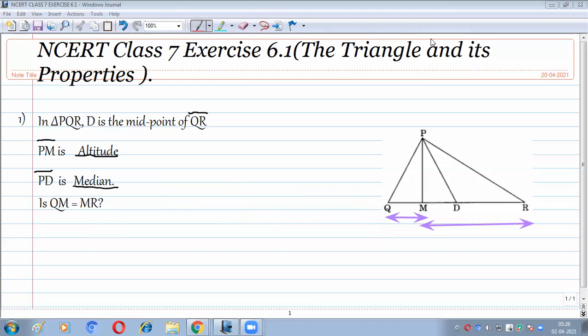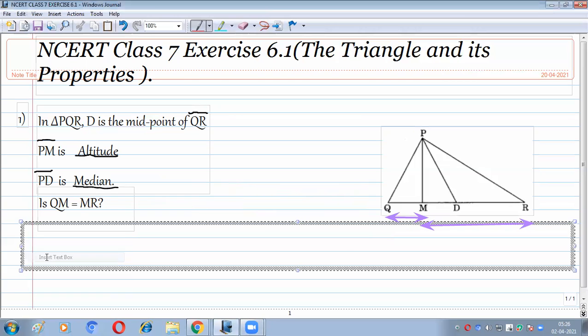Got it? So let's write our answer for the last question.